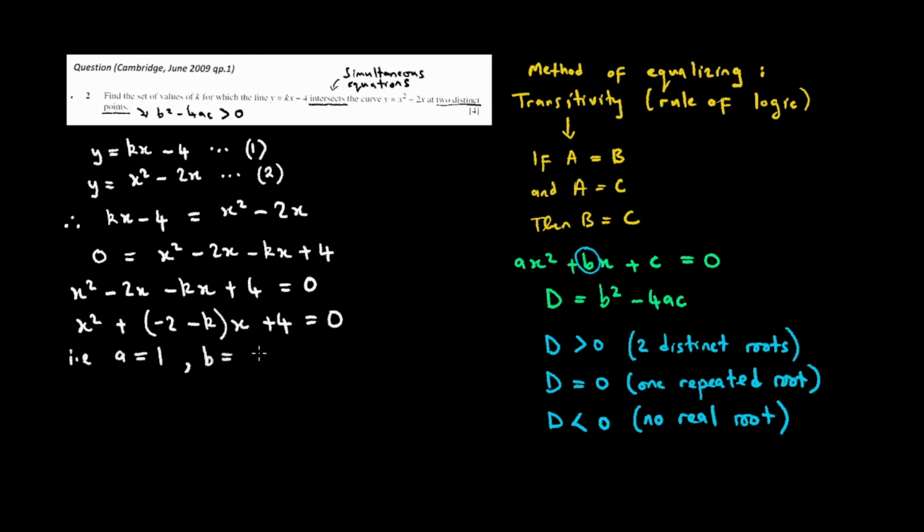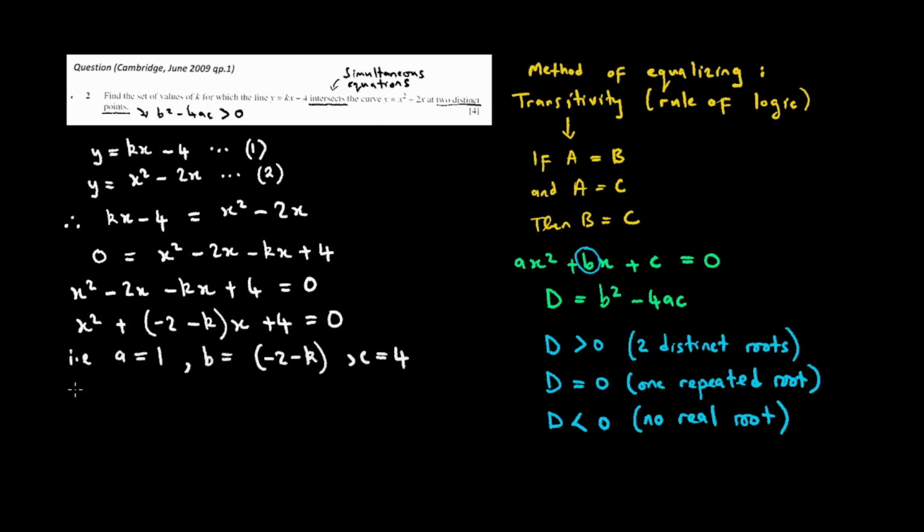B is equal to bracket of minus 2 minus k, and c is equal to the constant 4, like this. That's important. So we know a, we know b, we know c.